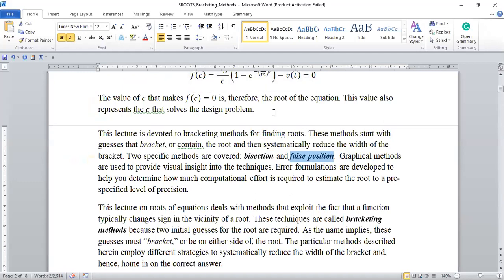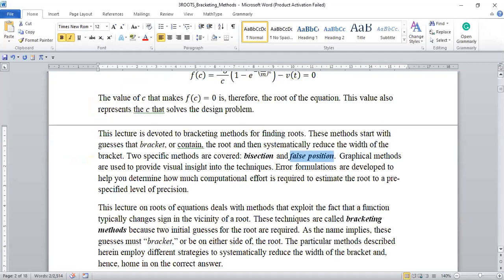These methods are called bracketing methods because they start with initial guesses. So you guess the point in between which the root is available. Then from there, you begin to narrow your guesses.